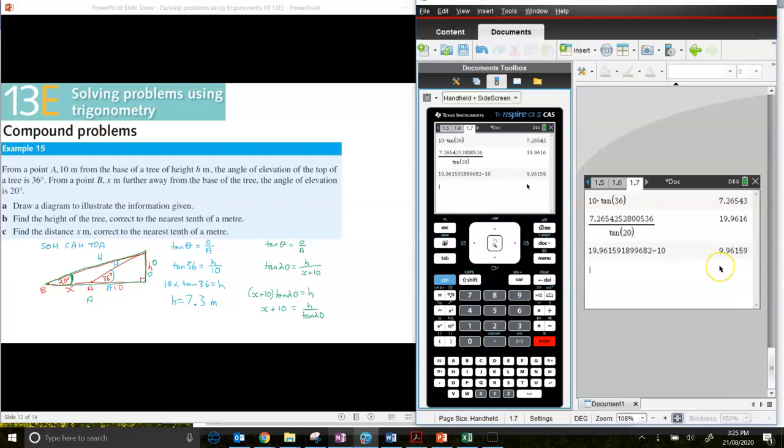and I get this. I'm asked to find this distance to the nearest tenth of a metre. This is 9.96. To the nearest tenth, I need to have a look at this 9 and the 6 after it. The 6 tells me to round the 9 up. 9 rounds up to 10, which rounds this 9 up to 10. So this to the nearest tenth is actually 10.0.